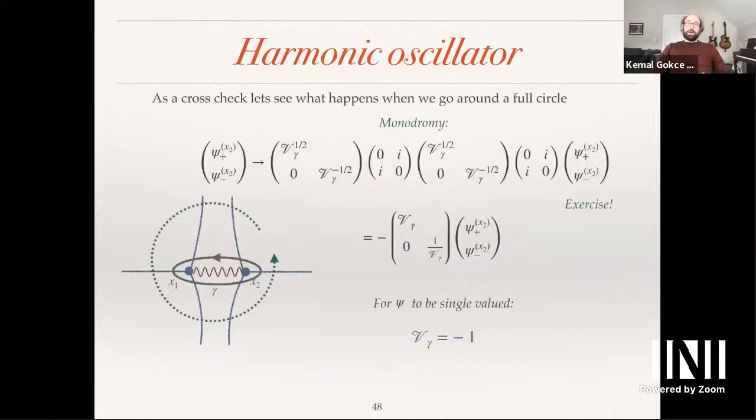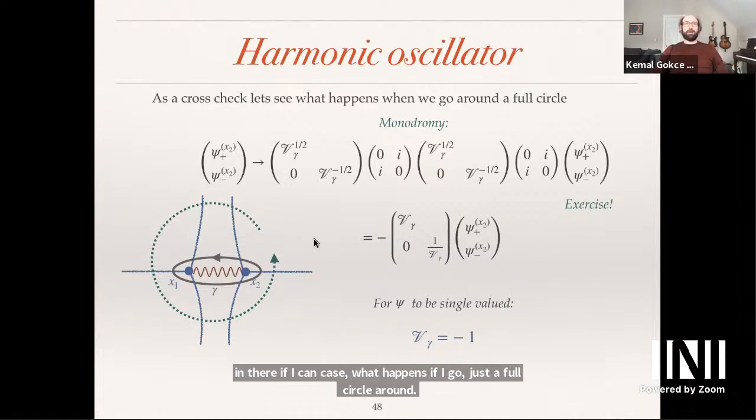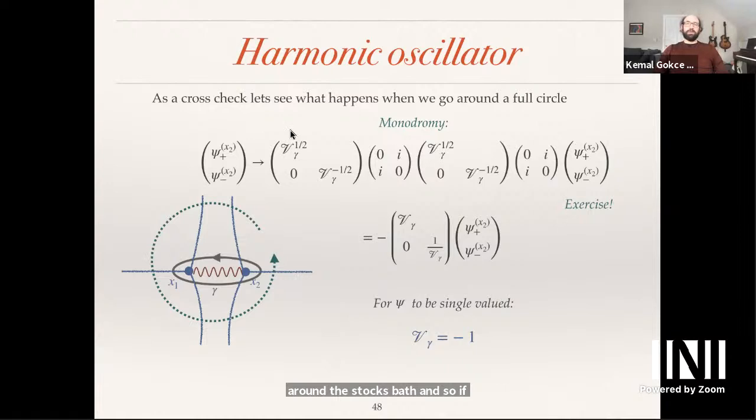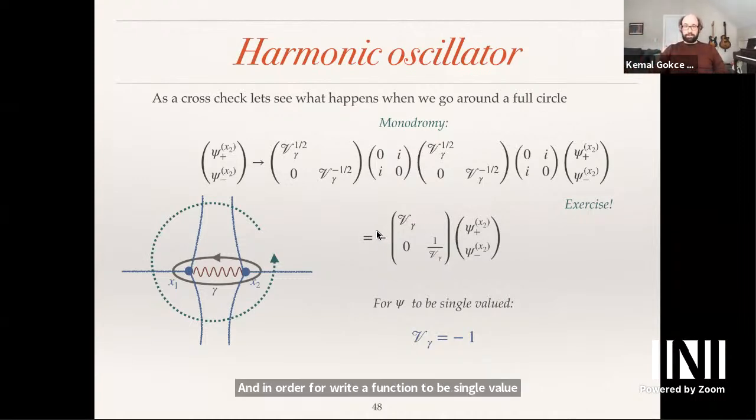Anyway, so now we can also cross-check, just like I did in the Airy function case, what happens if I go just a full circle around the Stokes graph. If I do that exercise, you can show that if I go with a full circle, I pick up a factor like this here. And in order for my wave function to be single valued, again, there's a minus sign here, and then there's v and 1 over v.